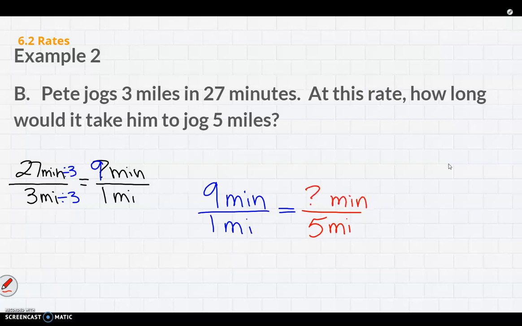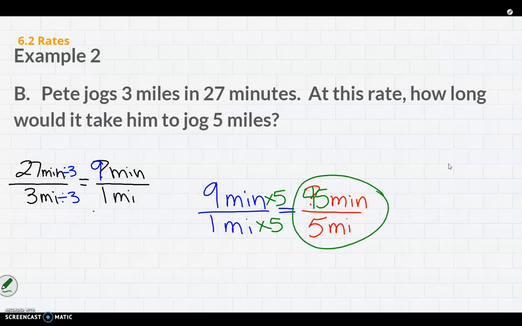Okay, some of you would say, well, I'm just going to maybe add up 9 plus 9 plus 9 plus 9 plus 9 because I know he's traveling 5 miles and each one takes 9 minutes. But it'd be a lot easier just to go ahead and multiply each by 5, and 9 times 5 is 45. So it's going to take him 45 minutes to go 5 miles.